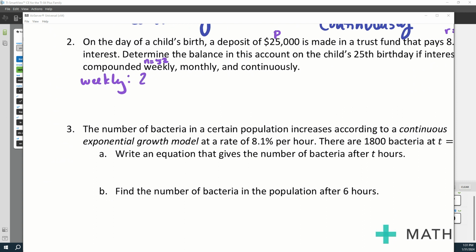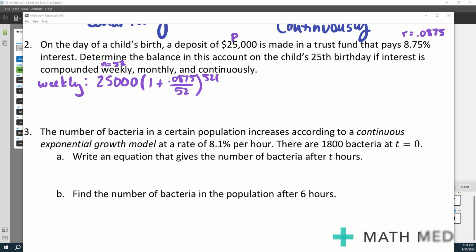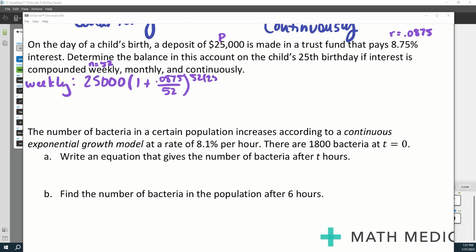So it's going to be 25,000, and then parentheses 1 plus 0.0875 divided by 52 raised to the 52 times the number of years, which is 25.